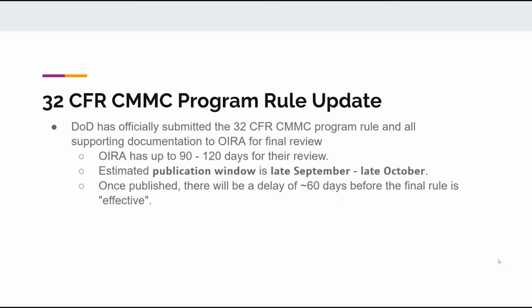The estimation is 60 days. So it's kind of a Christmas present, if you will, or January 2025, the CMMC program will go live. It won't be in contracts, but CMMC will be essentially effective.